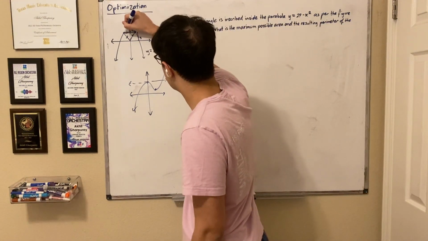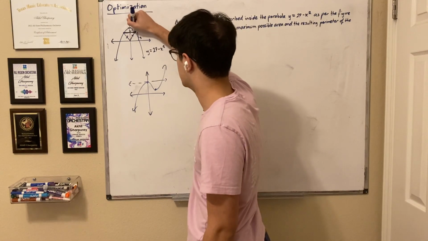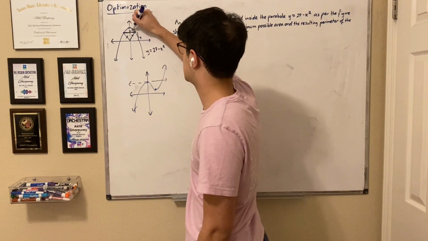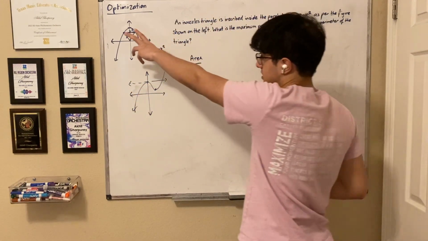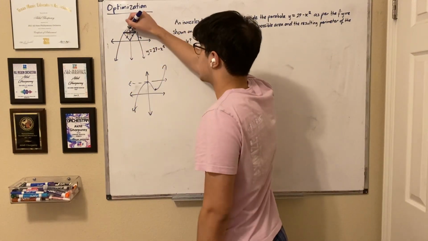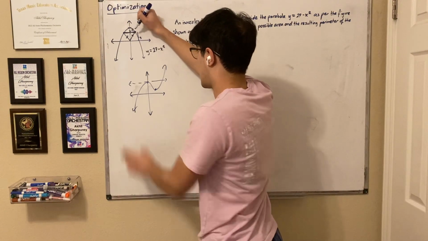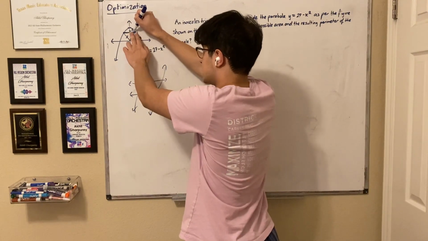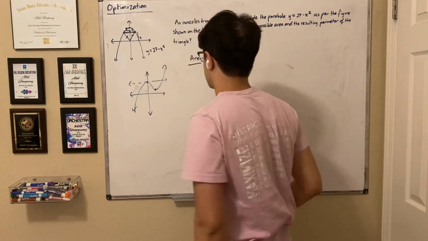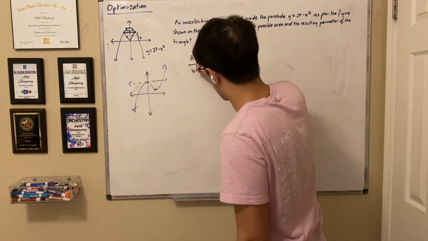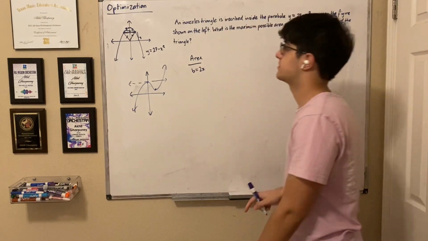So the base of this whole triangle is this part of x plus this part of x. Now we know that this is isosceles, so this means that this length right here, x, is half of the base. So this length right here is also x. In other words, the base of the triangle is 2 times x.